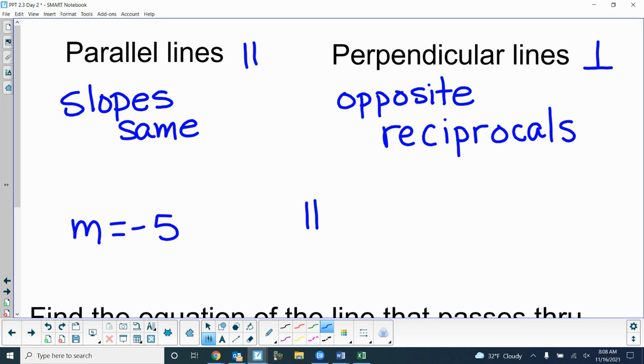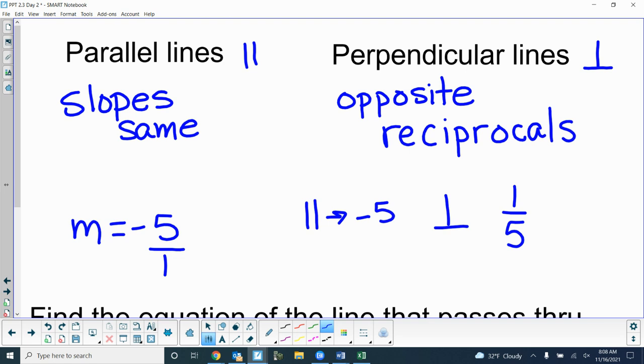So parallel would be -5. Perpendicular would be +1/5. Yes. Right? If it's a whole number like this and you're having trouble with the reciprocal, just put it over 1. And then when you flip it, you know it's 1/5. But since it was -5, the opposite reciprocal will be +1/5. Okay? We understand that? Coming back to us? Okay.